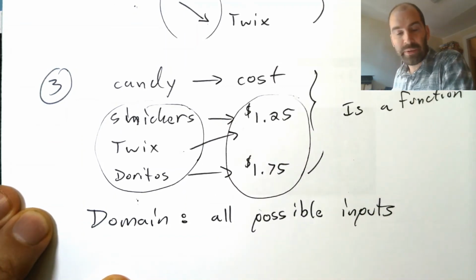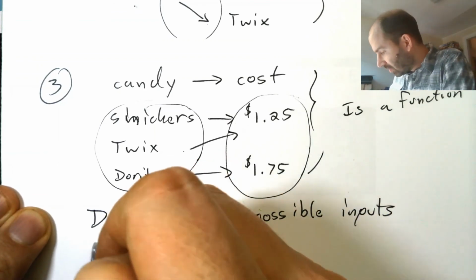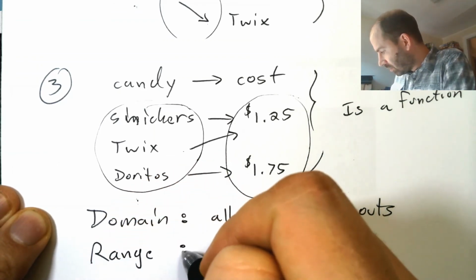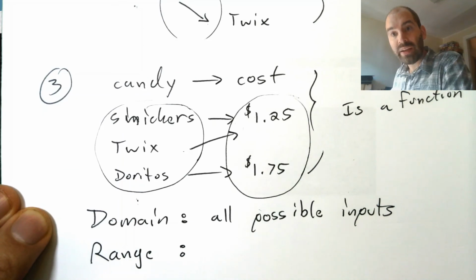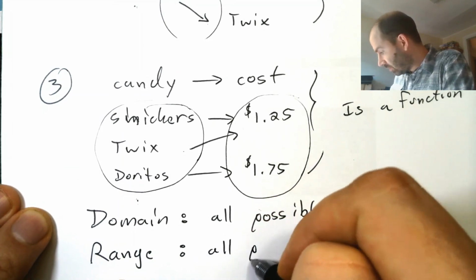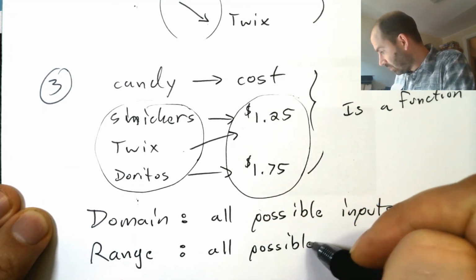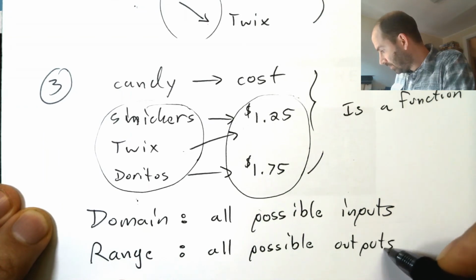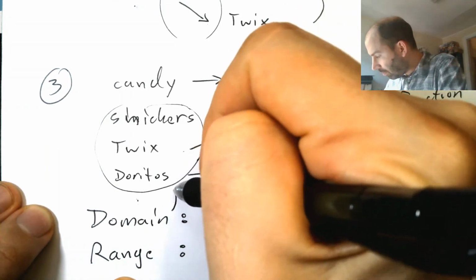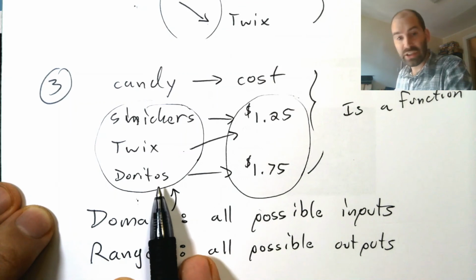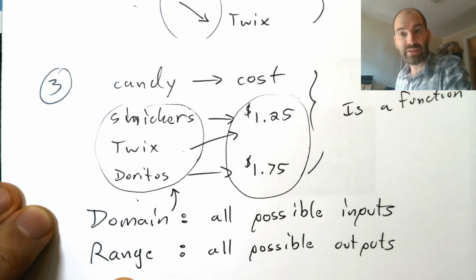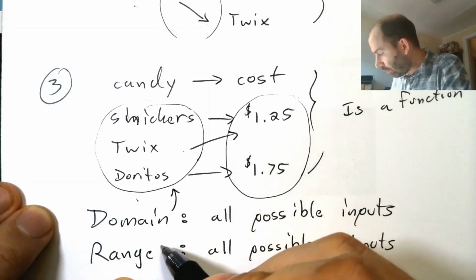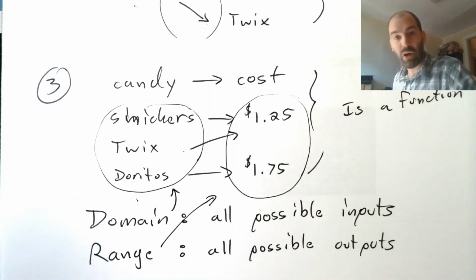The range is all possible outputs. So the domain, in this function, is the set of candy bars in the machine, and the range is the set of all costs of candy bars in the machine.